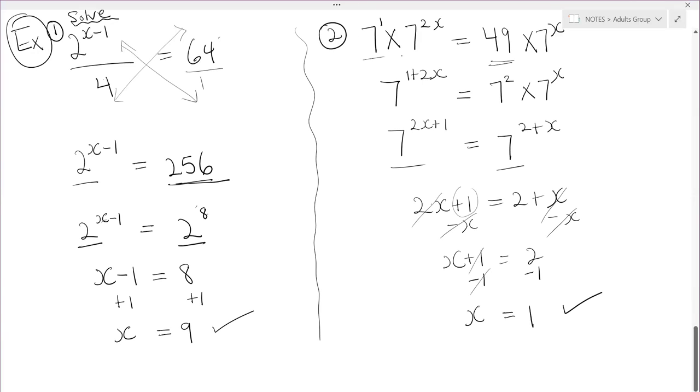But remember, once they are the same base, we add the powers, so that's 1 plus 2x. And you can't come and put 49 by 7, no, because it's 7 to the power of x, so we put 49 in base 7, so that's 7 squared multiplied by 7 to the power of x, and then we add them to 2 plus x, and then we put the powers equal to each other and solve accordingly.